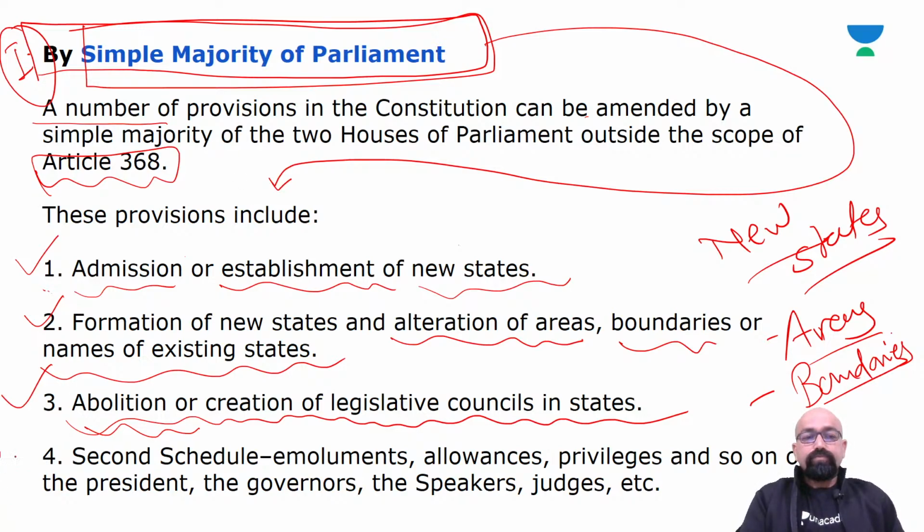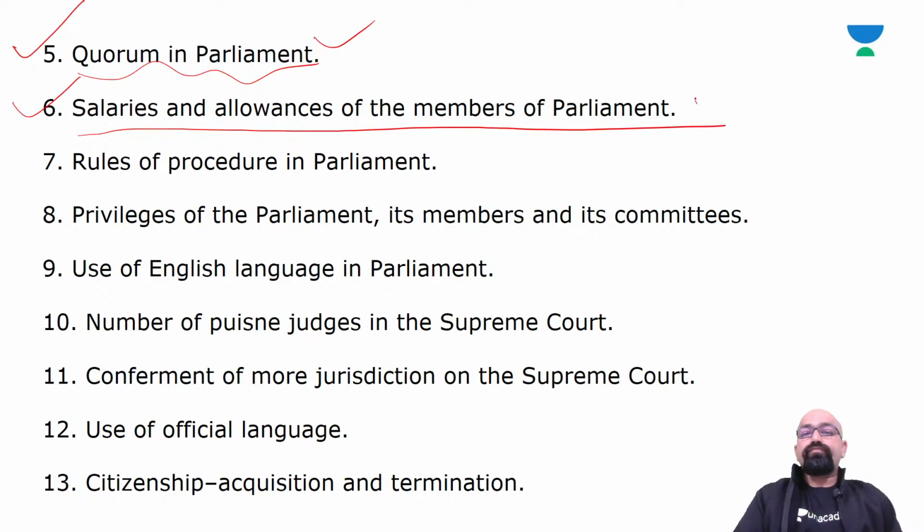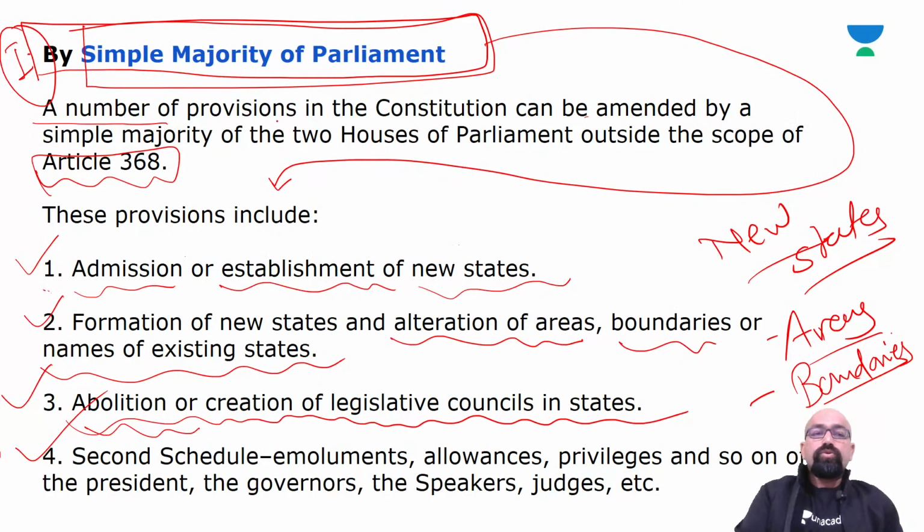Next provision is the second schedule of our Constitution, which means emoluments, allowances, privileges and so on of the President, the governors, the speakers and judges, etc., which can be amended through simple majority of Parliament. Next, quorum in Parliament. Next provision, salaries and allowances of the members of Parliament can be amended through the simple majority of Parliament.